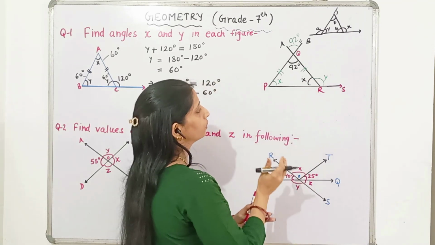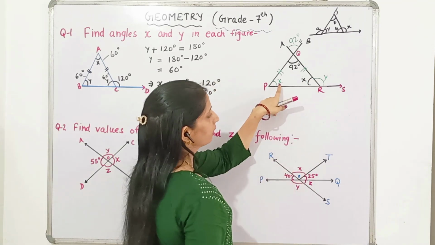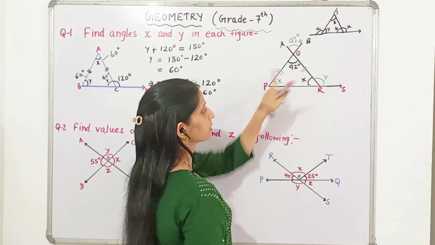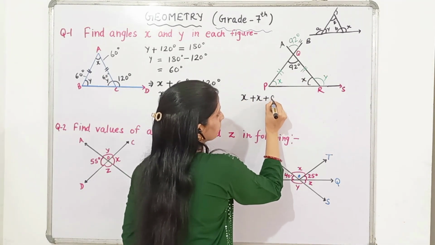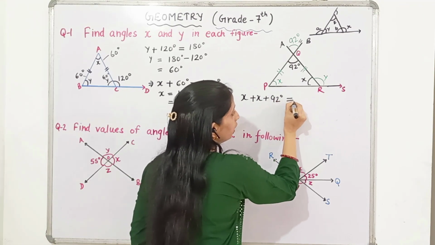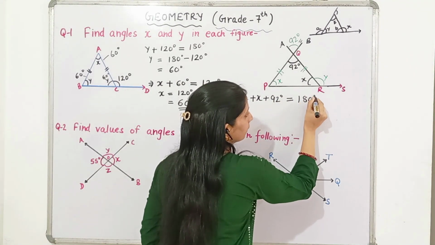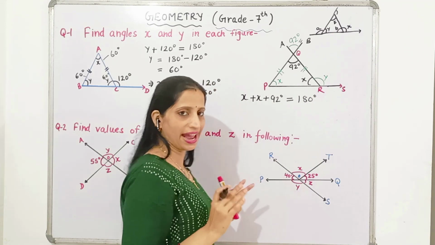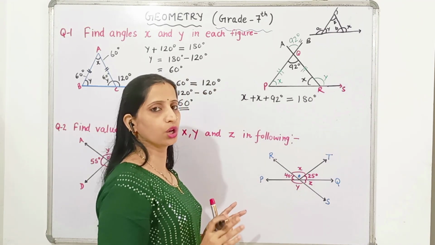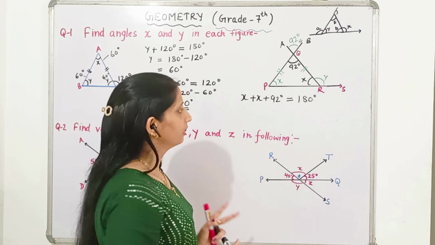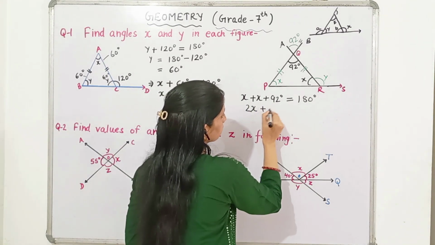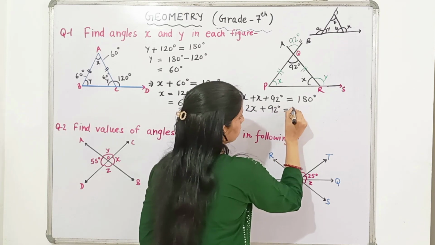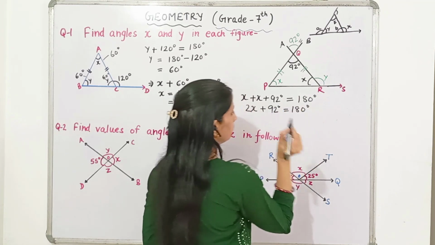Okay. Now we will use another property of triangle. x plus x plus 92 degrees will be equal to 180 degrees, because the sum of all three angles of a triangle will always be equal to 180 degrees. Now let's add x plus x, we will get 2x plus 92 degrees, and it's equal to 180 degrees.